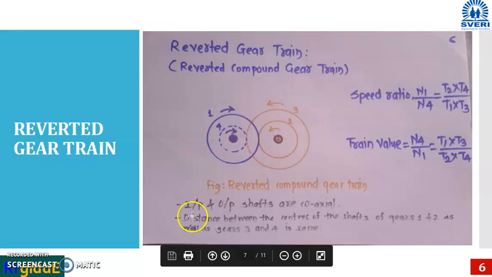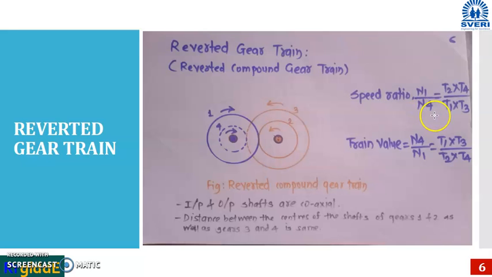So the distance between centers of the shafts of gears 1 and 2 as well as gear number 3 and 4 is same, then such type of gear train is used. In this case, speed ratio is equal to N1 upon N4, that is N1 is speed of driver and N4 is speed of the driven.